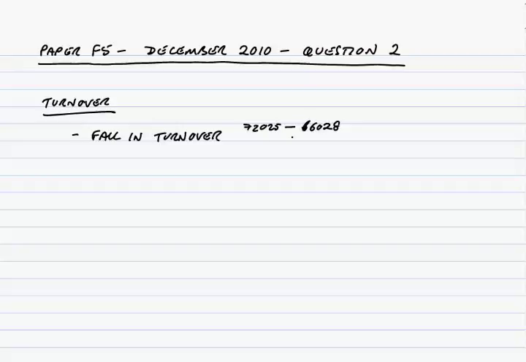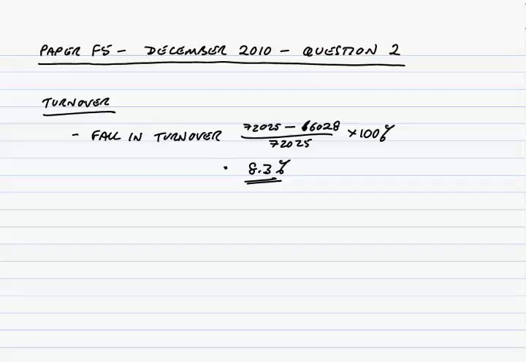We're going to express the fall as a percent of what it was in 2009. So what is it? 72,025 minus 66,028. It's fallen by 5,997 as a percent of 72,025. It's fallen by 8.3%.